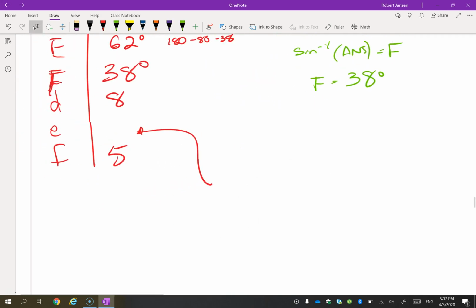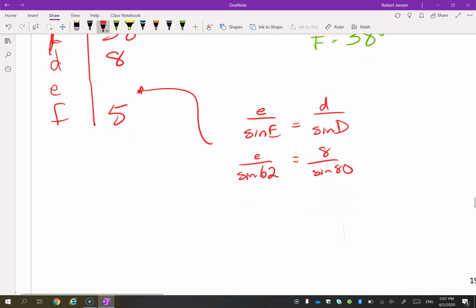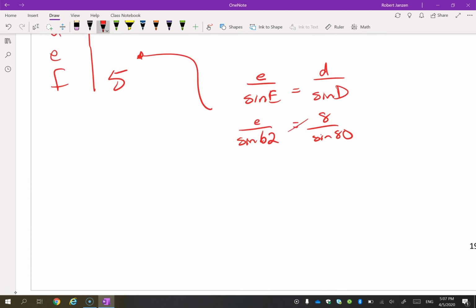So we're going to set up E over sine of E. And then let's use the ratio that we were originally given. We knew those two. So you get E over sine of 62 is 8 over sine of 80. Cross multiply.